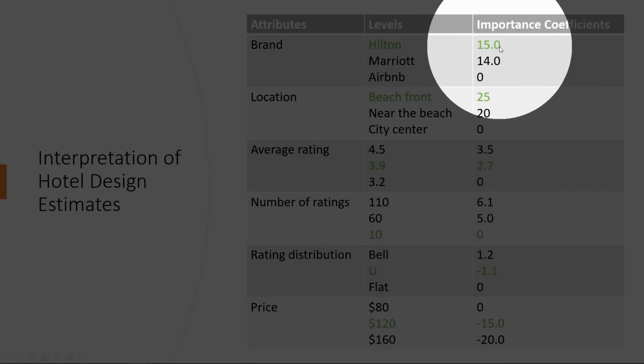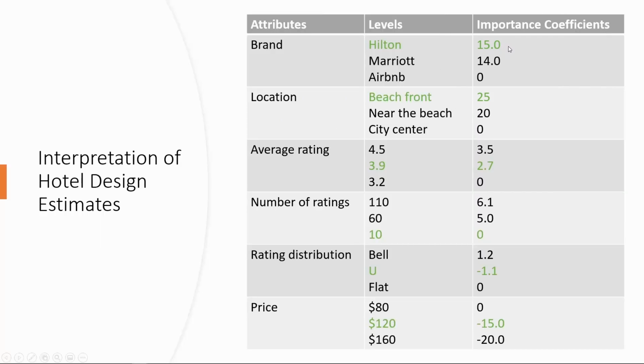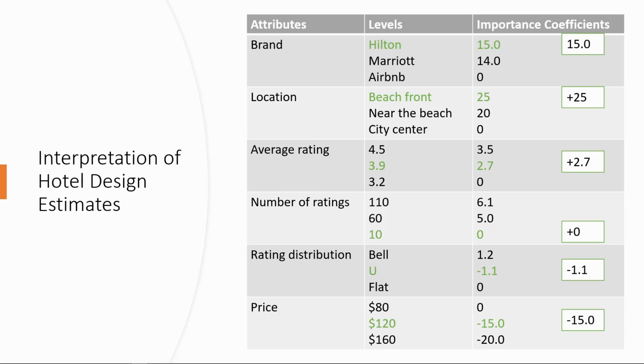And since we already have these importance coefficients, we can use these values to construct the preference score of this specific hotel profile. So we have 15 plus 25 plus 2.7 plus 0 minus 1.1 minus 15, and that gives us a score of 26.6.